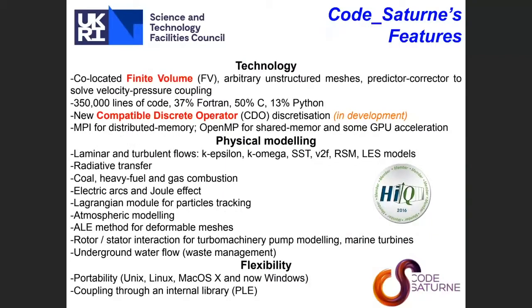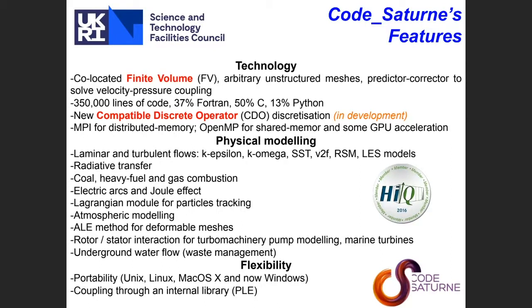So thinking about the Code Saturne features, it is based on a finite volume method for arbitrary unstructured meshes. It's a mix of C code for the infrastructure, input-output and solvers, and Fortran for some physical models.